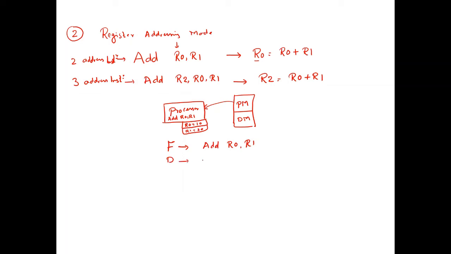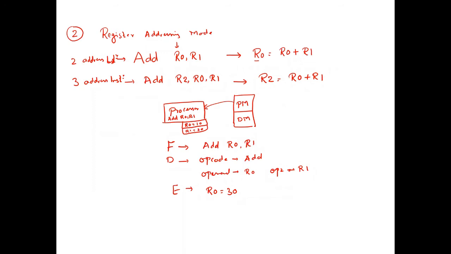In the decode phase, it will identify the opcode, that is add, and it identifies the operands, not the values. It will identify that one operand is in R0 and the other operand is in R1. So now in the execution phase, it has identified where the data resides. It will go to the R0 address, take its content, take the R1 content, and add both together. And in the execution phase, it will store the result again in R0.